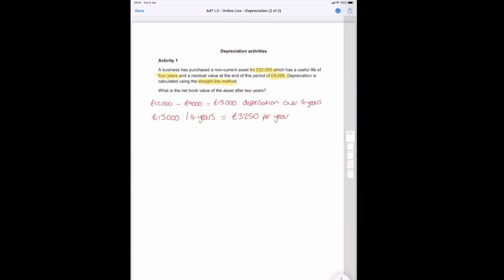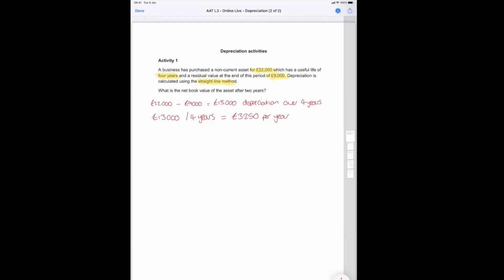Going back to the question, we've first worked out the charge per year. What we need to know is what the net book value of the asset is after 2 years. So effectively, what is the current value of the asset in 2 years' time?